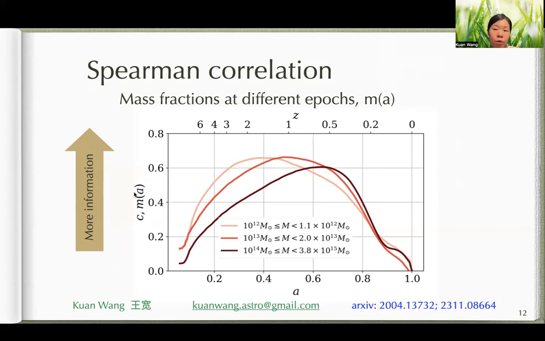Higher values mean more information, and the different colors correspond to different mass regimes. We can see that for each halo mass, a relatively broad range of intermediate epochs contain a significant amount of information on the present-day concentration, reaching correlation coefficients of about 0.7. However, 0.7 is not 1, and there is some information missing here.